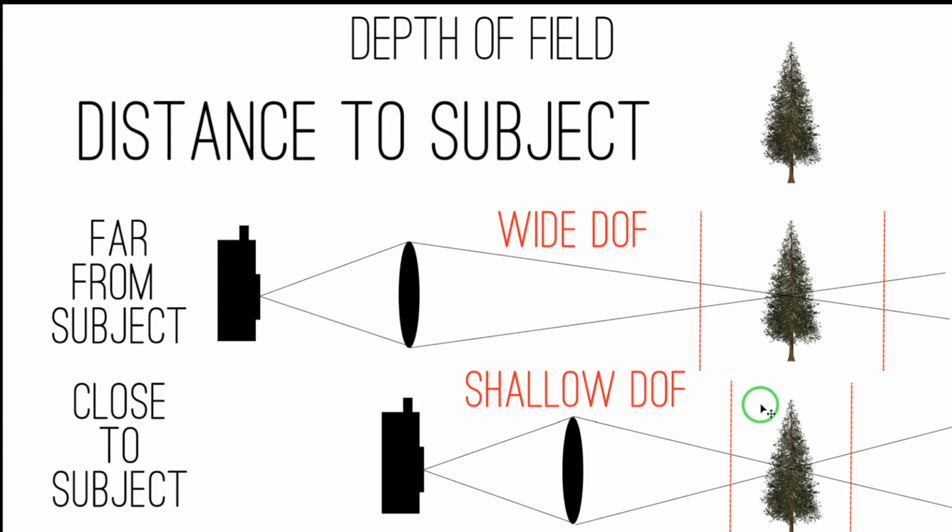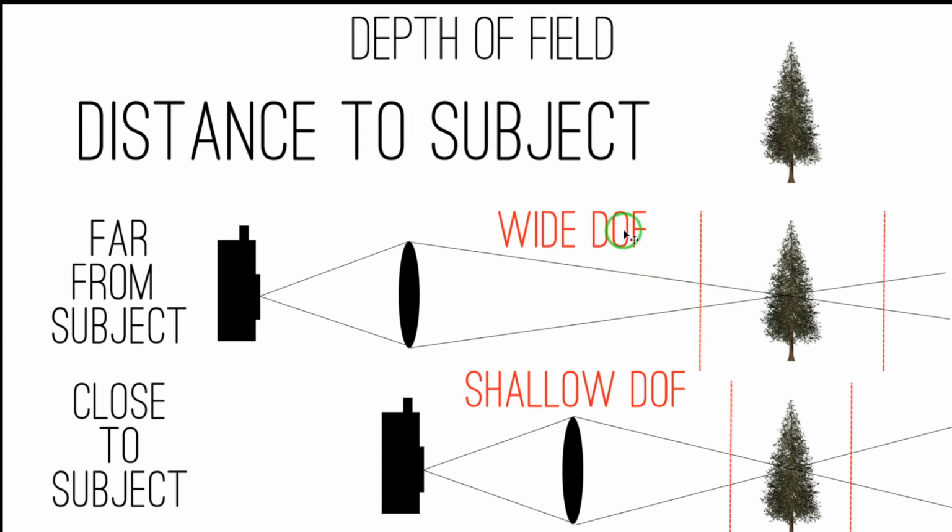So let's go to distance to subject. In this case, we're keeping the camera and the lens the same distance from each other, but we're moving the camera farther away in this one and closer to the subject in this one. So when the camera is far away from the subject, you will notice that your light rays are spreading apart much slower.